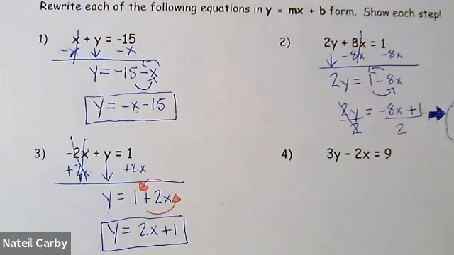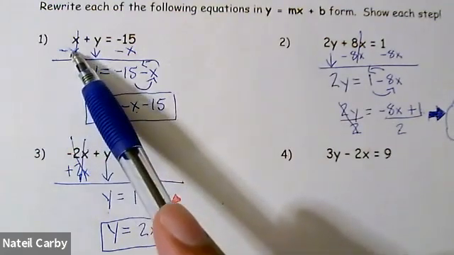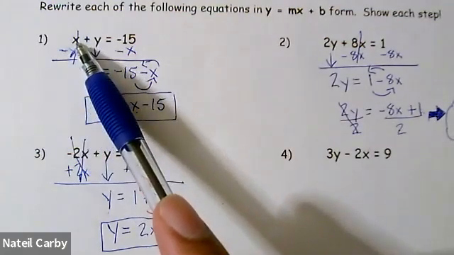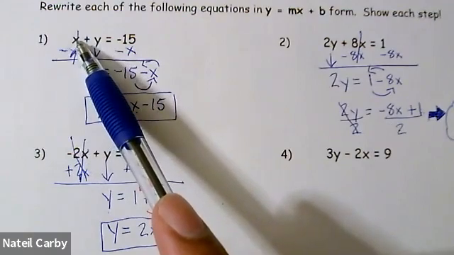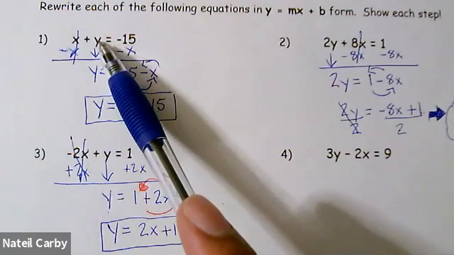Good stuff here. Okay. So this is the general principle that you have to do when you have an equation that's not in slope-intercept form, right? Move the x variable onto the side with the constant, leave the y by itself.